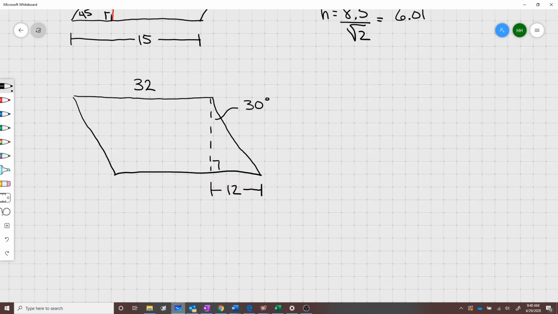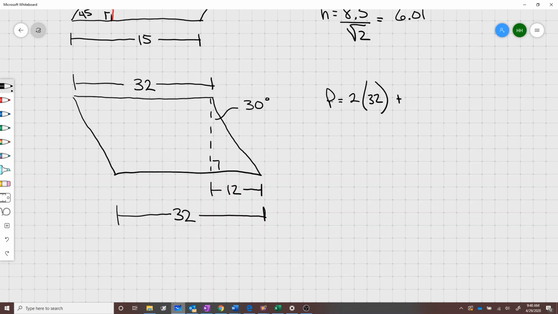So let's start off with the perimeter, which is the sum of the sides. If the top of this shape is 32 units, then the bottom of this shape is 32 units. So we've got 2 of the 32s plus, we don't know the left side and the right side of this shape yet, but what we do have is a 30, 60, 90 right triangle, and we know the short leg.